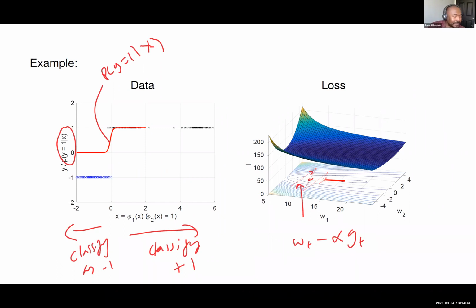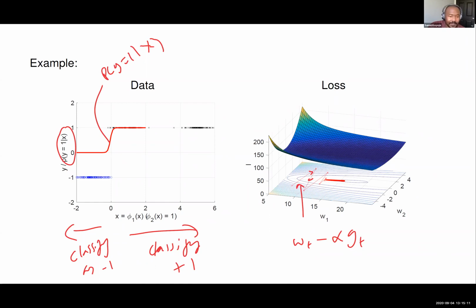If alpha is too small, then the optimization can be really slow and it'll also take a really long time to converge. So picking a good alpha is actually a super important step. Again, in practice, there are rules of thumb, and in special cases for certain classes of loss functions, like the loss functions we'll talk about today, we'll give a bit of discussion on good schedules for picking step sizes.